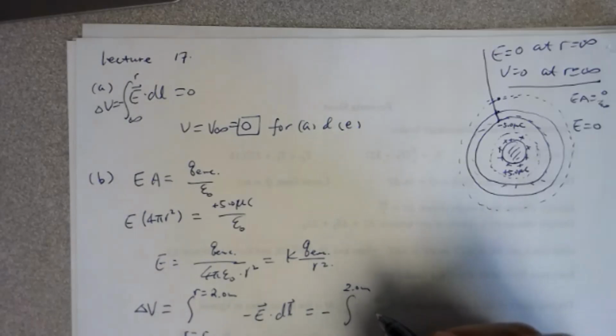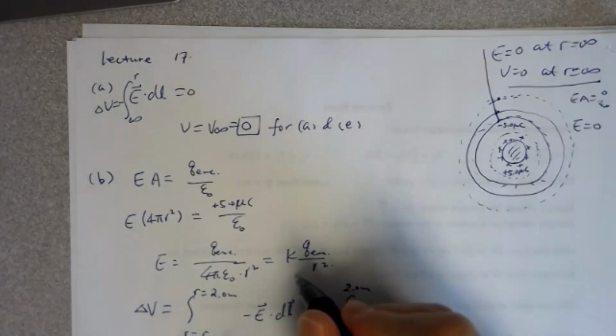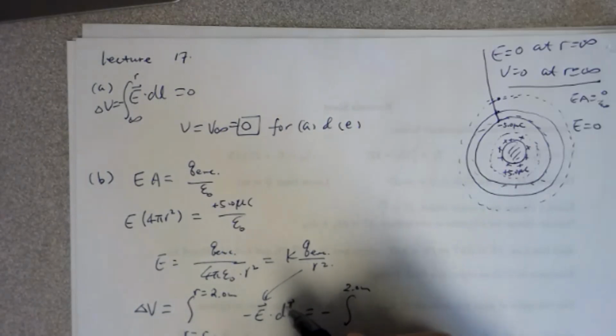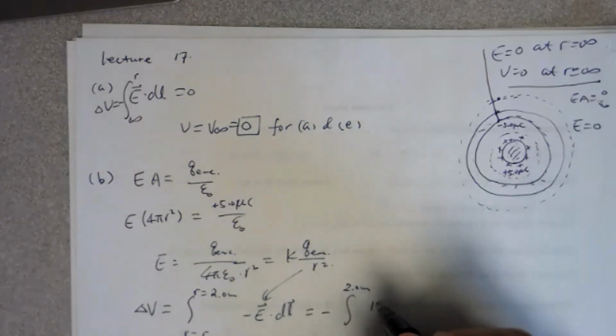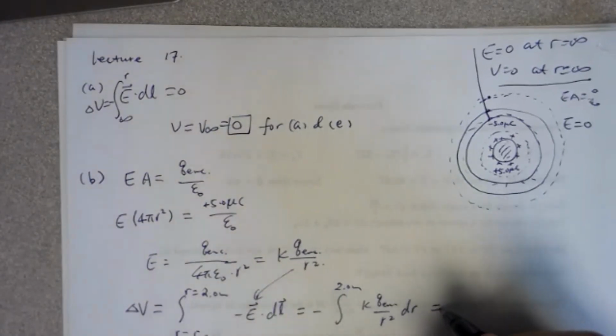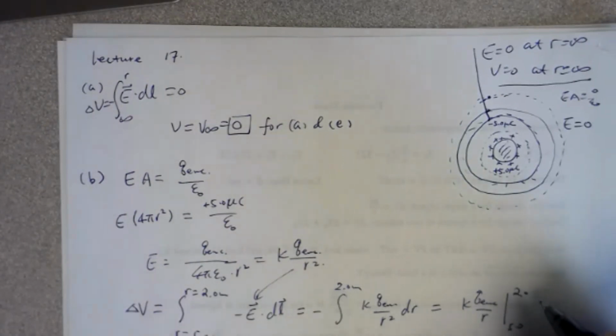And K, so you take this one in here, and then that will be dr times dr. So that gives you KQ enclosed over R squared dr. All right, so the result will be KQ enclosed over R, and then from 5 to 2.